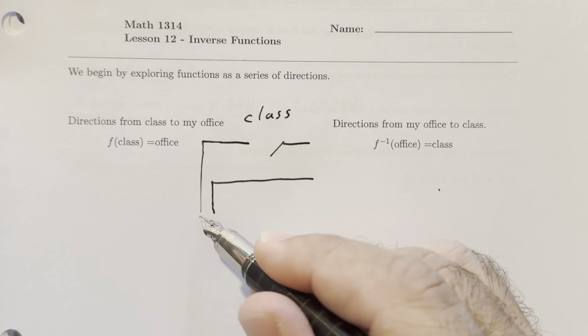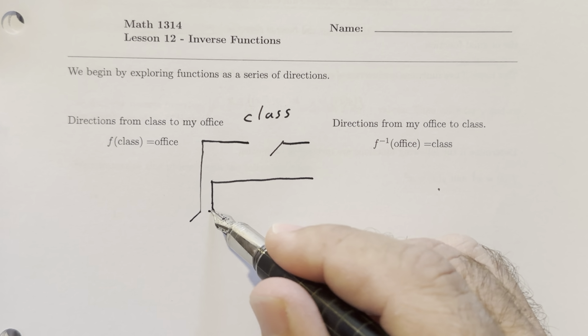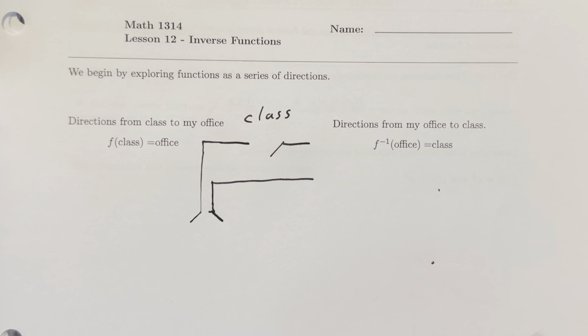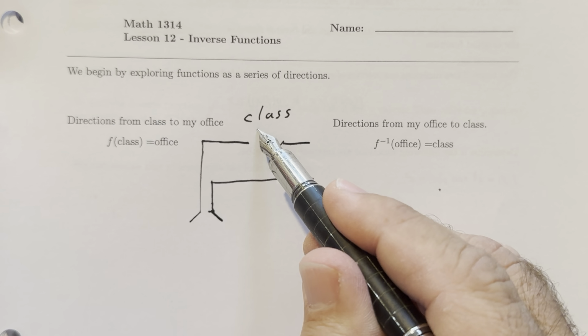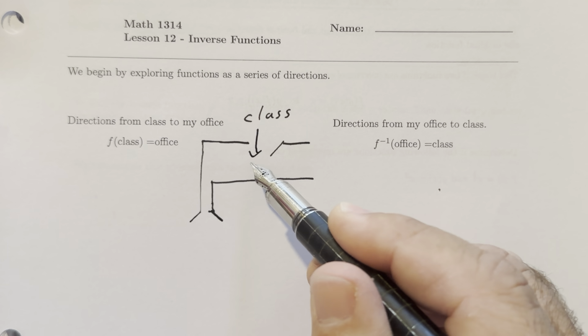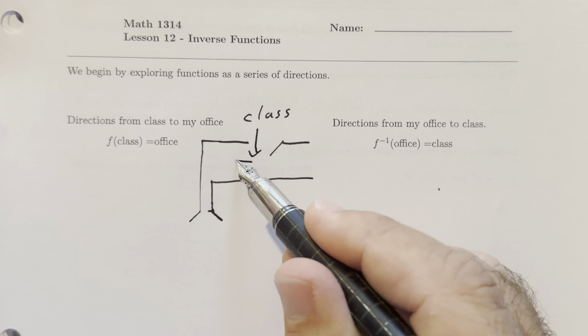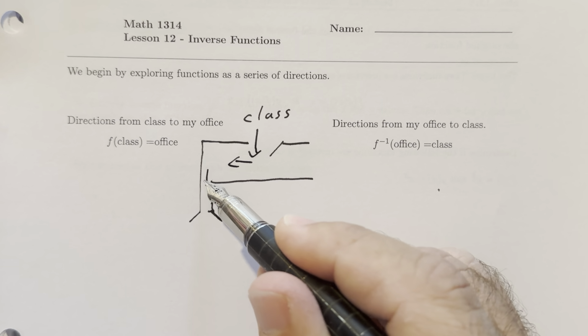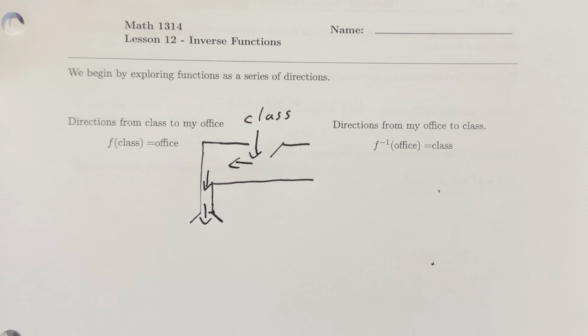And then we'll just say there's the door to get outside right there. So basically to get out, first you exit the door, you turn right, and then you turn left, and then you exit the door.